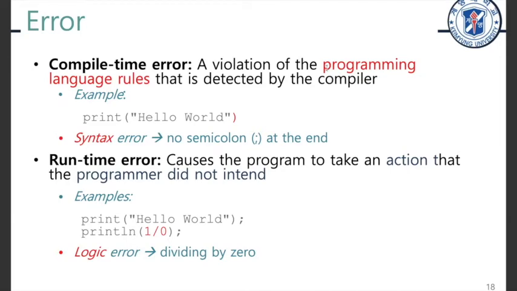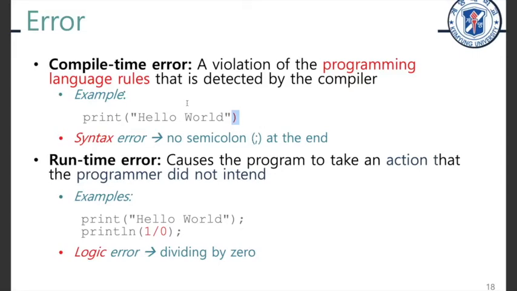When you write a program, you use a programming language, and each language has its own rules. If you violate that rule, it is called a compile time error or a syntax error. For instance, in Dart and Flutter programming, after you write one statement, you have to have a semicolon at the end. If you don't have that semicolon, then the compiler will display an error.